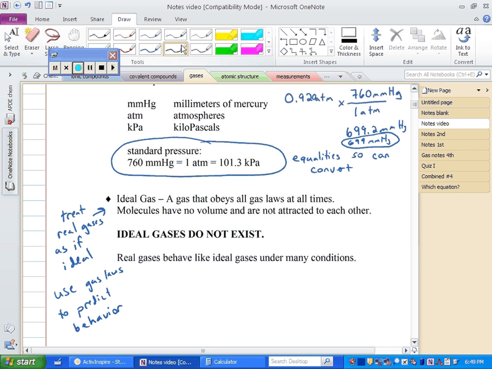Real gases behave like ideal gases under many conditions. What are those conditions? They are any that get the gas particles very, very spread out. So low pressure and high temperature.